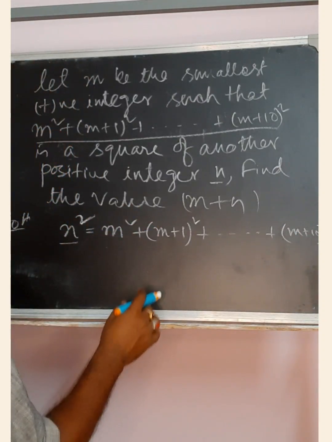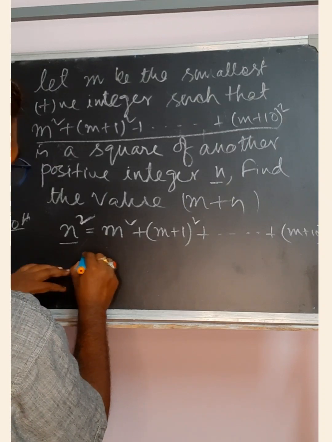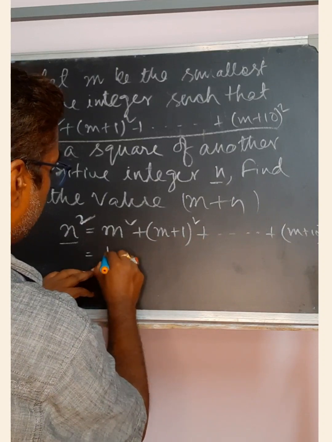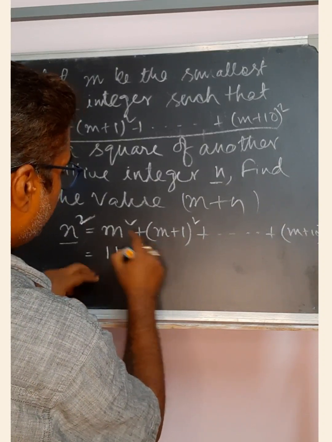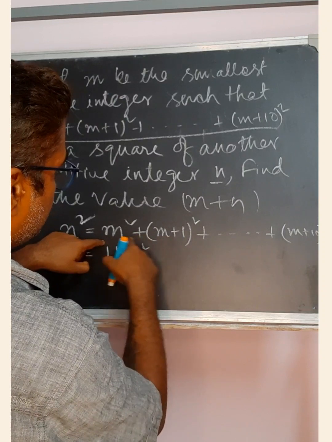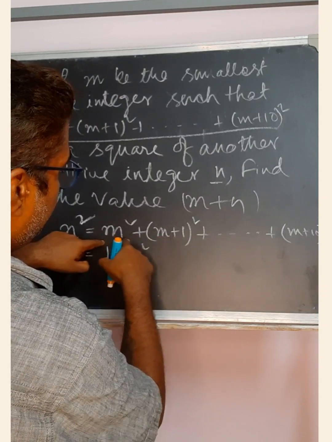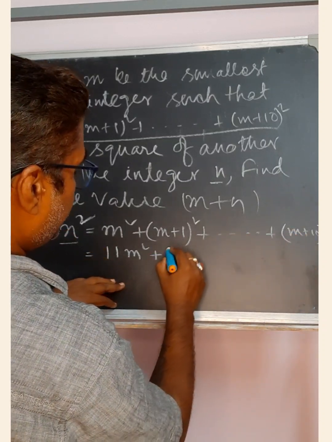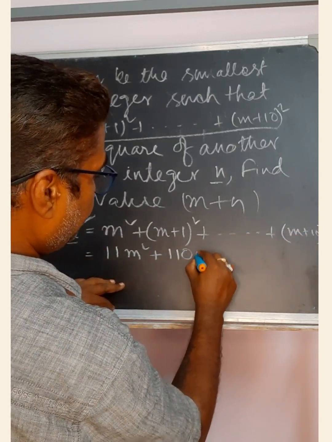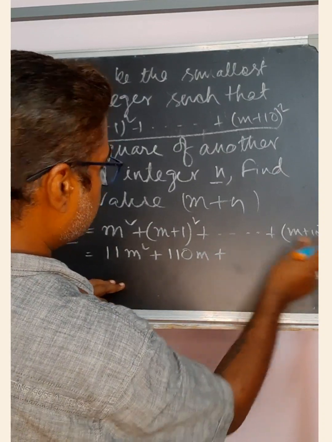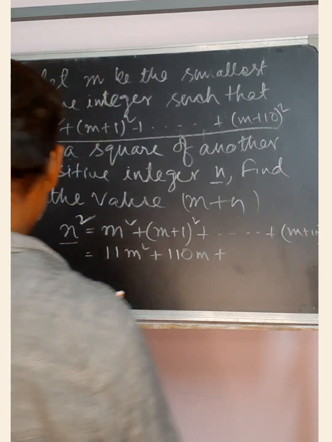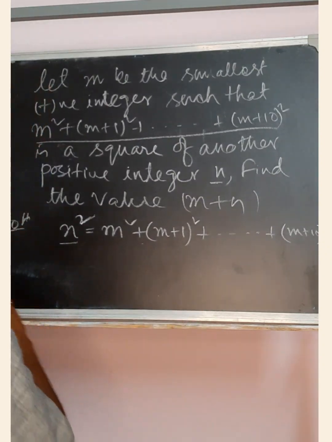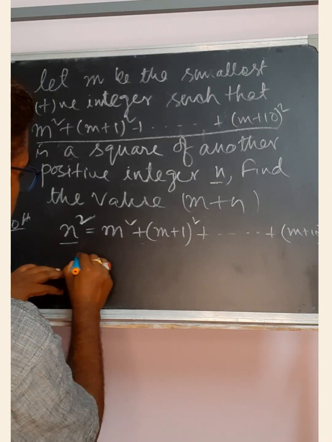So now breaking this down, if you expand it and add the similar terms, we will definitely get 11m square, because every term has an m square. So this is starting from m plus 0 whole square, that means the number of m square terms would be 11. Like that, if we expand, we will get 110m, and the sum of the digits, where let me show you the calculation, otherwise there is an interesting fact that will be missed. So I will expand for you.